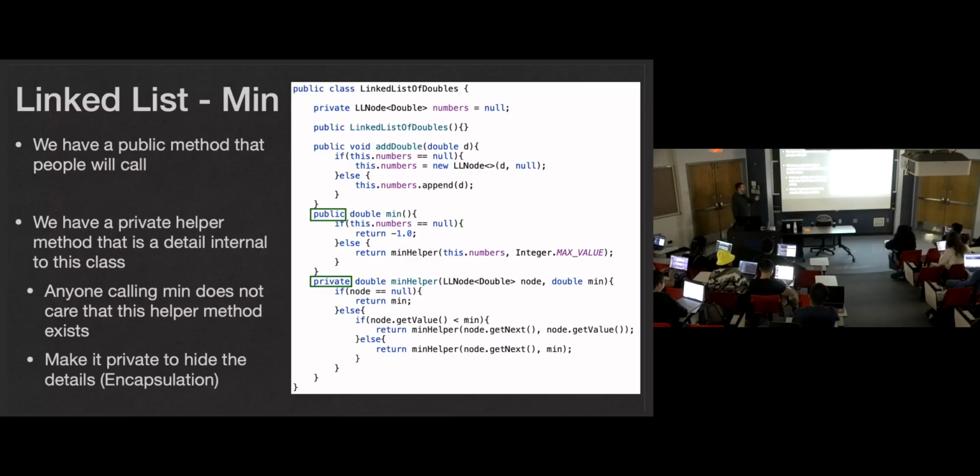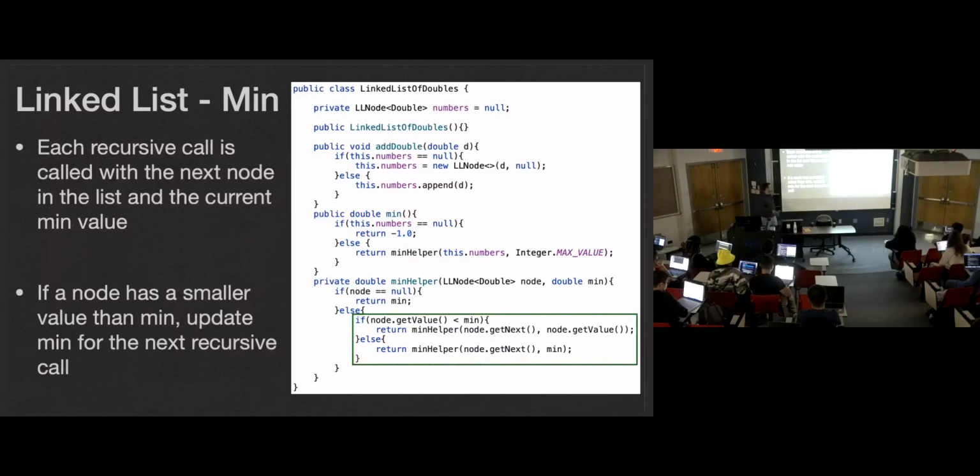Nobody cares who's going to call the min method. Whenever you've called a min method that's part of a language library, you've never cared how it got the job done, just that it got the job done. People who are calling your min method, same thing. Hide the details, put this in a private helper method, leverage encapsulation. We're going to encapsulate the details, hide the details, and expose the public interface.